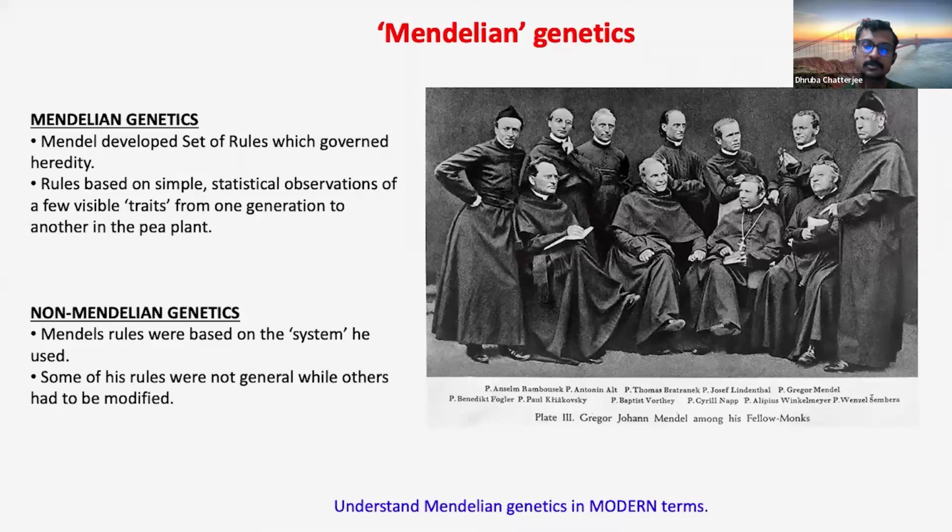Now, when Mendel did his experiments, he didn't know, and not only he, but the community didn't know anything about the concept of genes or genotype. Nobody knew that DNA is the genetic material.